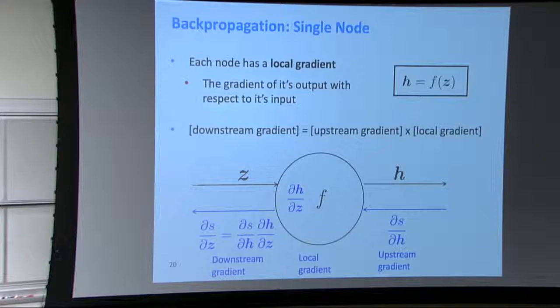Okay, so our basic rule, which is just the chain rule written in different terms, is downstream gradient equals upstream gradient times local gradient. Easy as that. Okay, so this was the very simplest case where we have a node with one input and one output. So that's a function like our logistic function. But we also want to have things work out for a general computation graph.